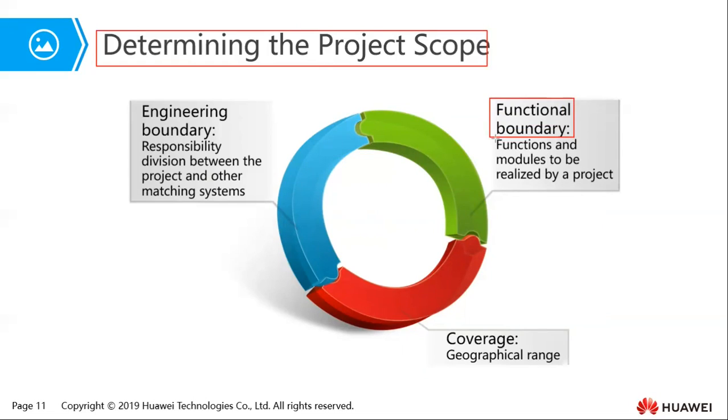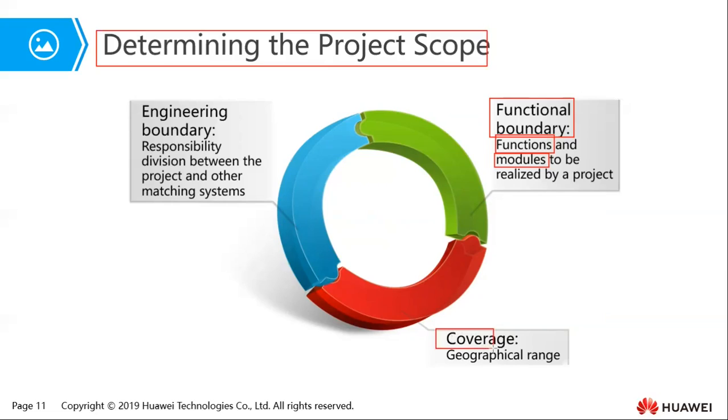So in terms of what are the functions? What are the functions that are needed for this network? And therefore, what modules are needed in order to realize those functions? So that is what we call the functional boundary.